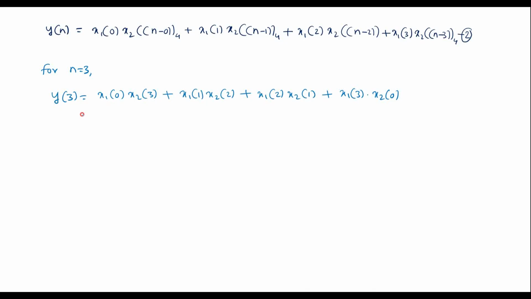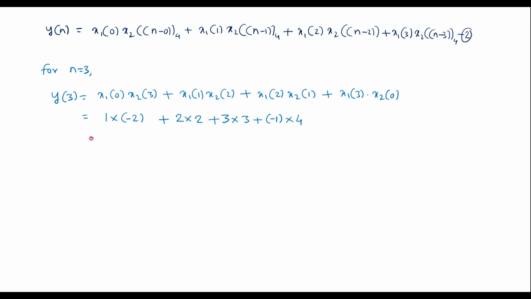We'll substitute the values now. x1 of 0 is 1 into x2 of 3 is minus 2 plus x1 of 1 is 2 into x2 of 2 is 2 plus x1 of 2 is 3 into x2 of 1 is 3 plus x1 of 3 is minus 1 into x2 of 0 is 4.